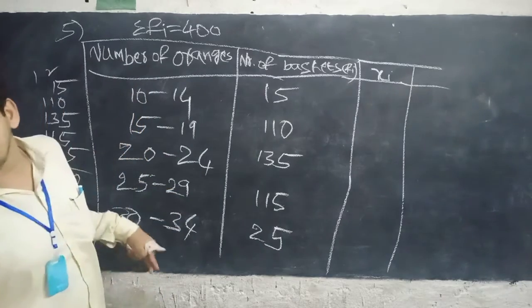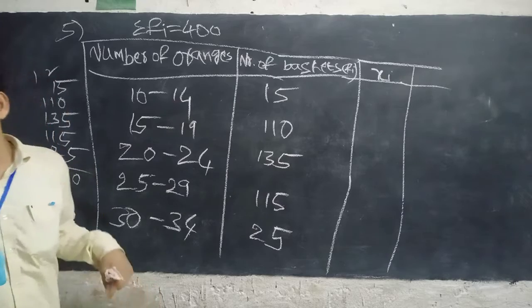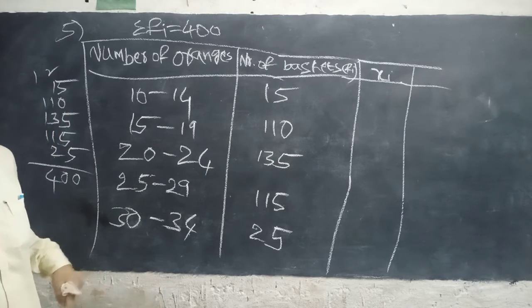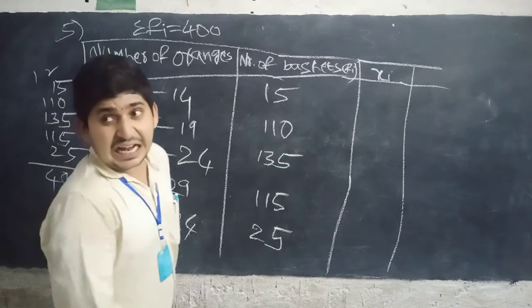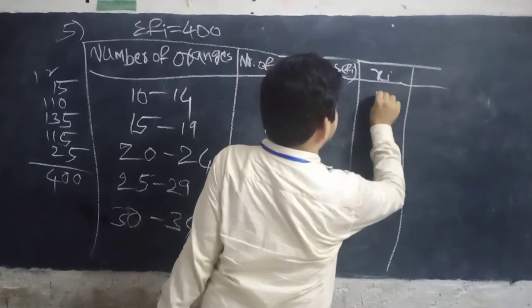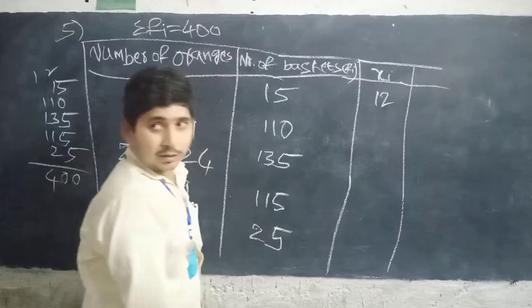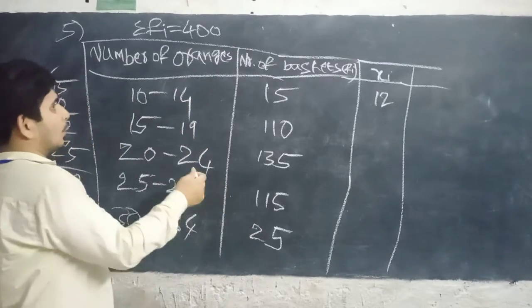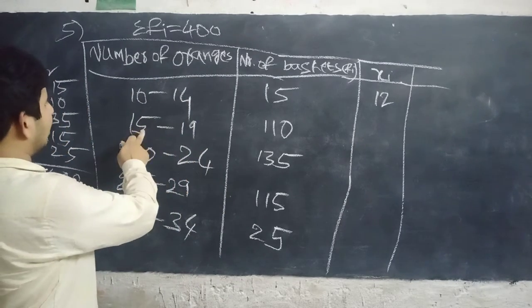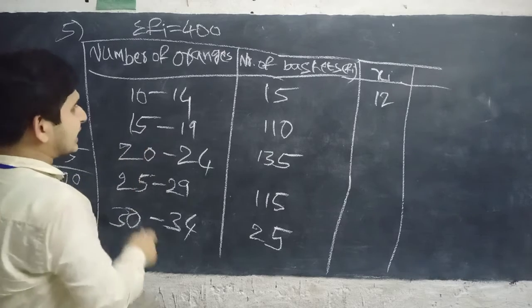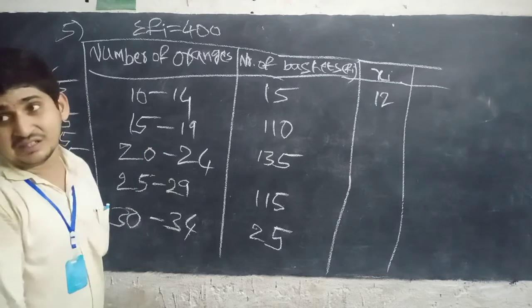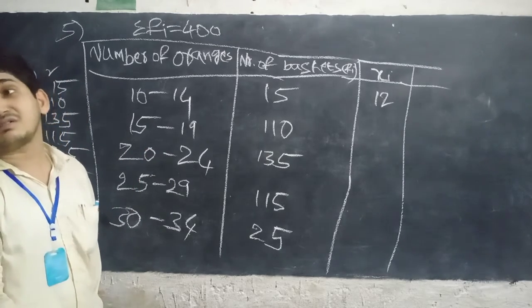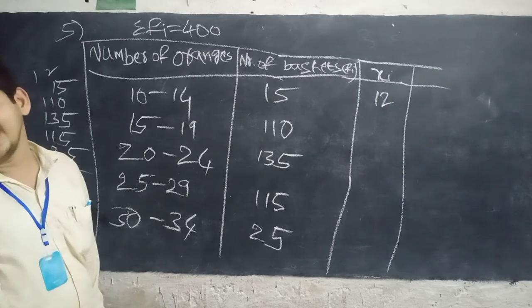Sorry, 10 plus 14 equal 24. Okay, 24 by 2, 12. Now 15 plus 19, 34. 34 by 2, 17. Okay?